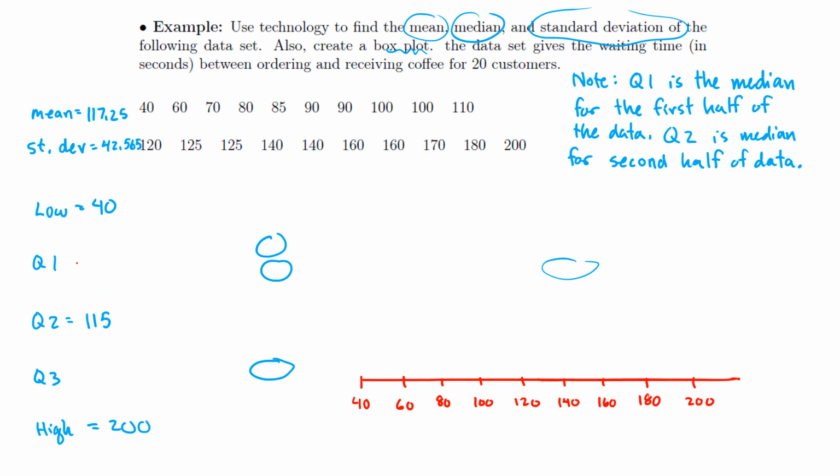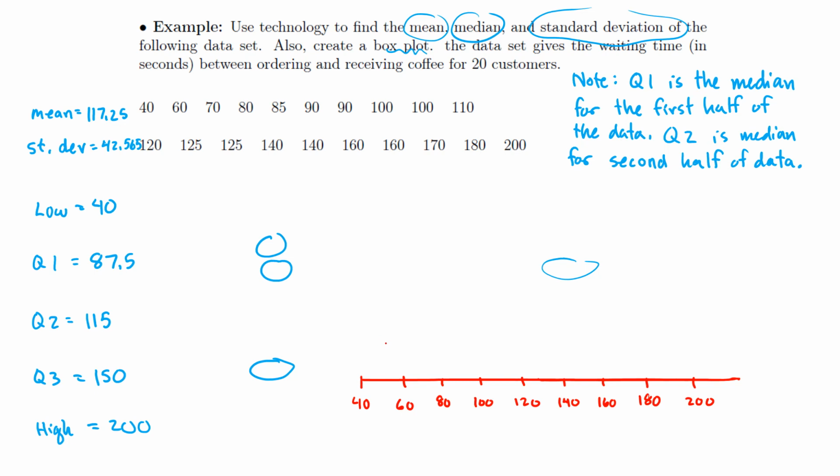And, oh, sorry, I forgot to actually go in and write what my first and third quartile were that we found. And so remember, the first quartile was 87.5, and the third quartile was 150. All right, so we've done this a couple of times now, so I can just go in and approximate where these are at.